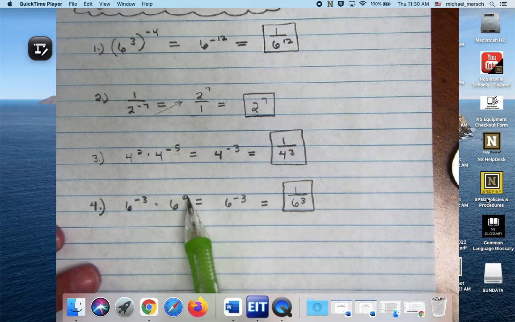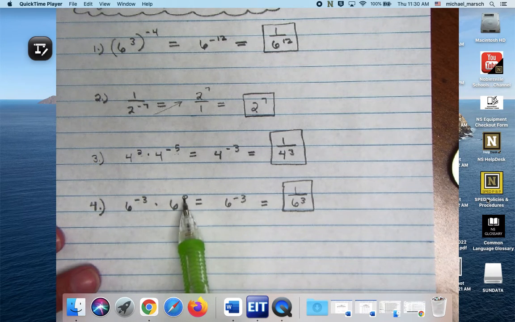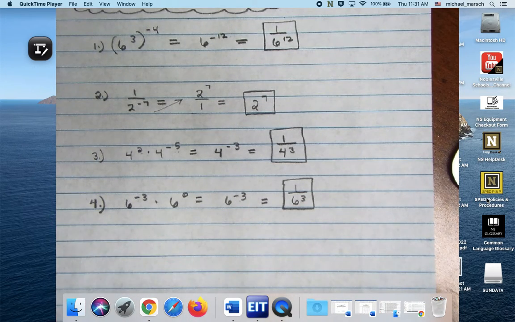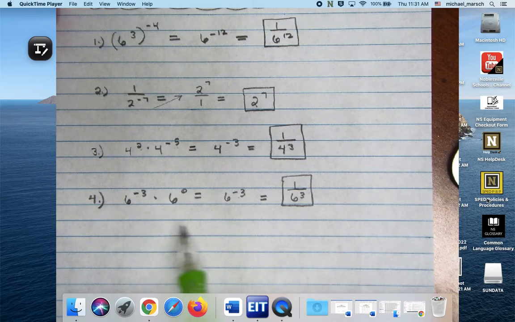And even if you didn't remember that, negative 3 plus 0 is still negative 3. Right? So the complicated thing about exponents is there are all these different rules you're using to evaluate, and some of them overlap. Some of them will kind of beat you to what you may or may not have to do. So you have to look at it from 6 or 7 different angles to figure out, okay, what do I do with this?